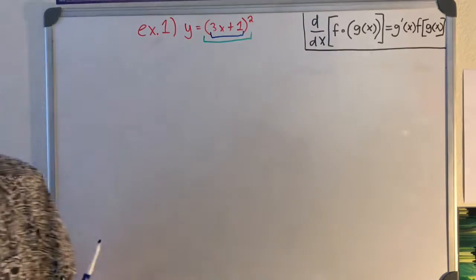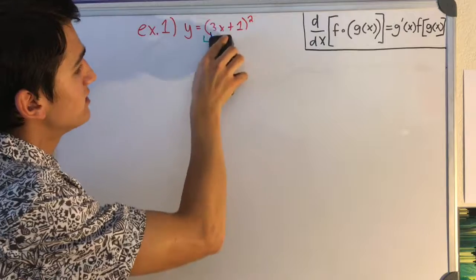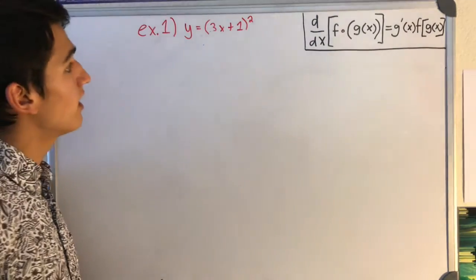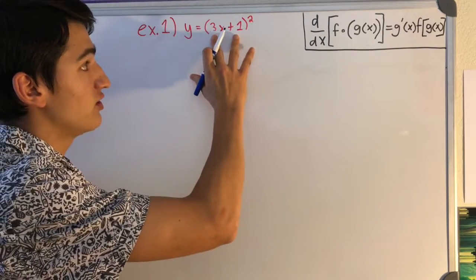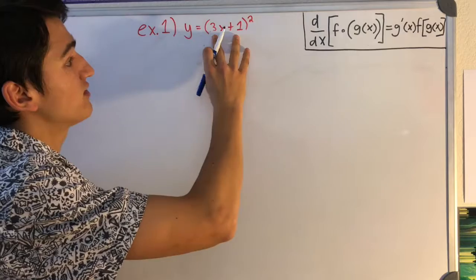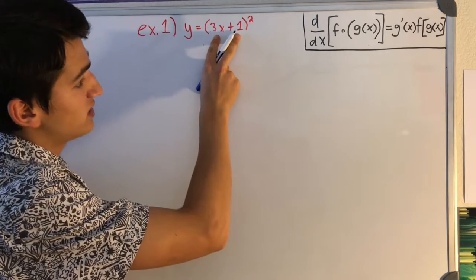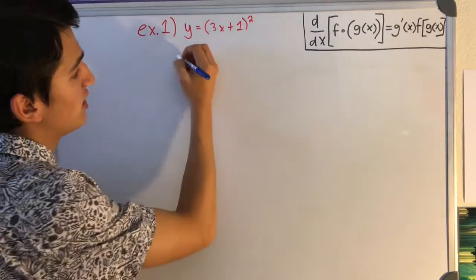All right, so now we'll actually start taking the derivative. First we're going to start with the innermost function. You always start with the innermost function, all right? And for us, that is this 3x plus 1, okay? And we can call it anything. Let's just call it f of x.